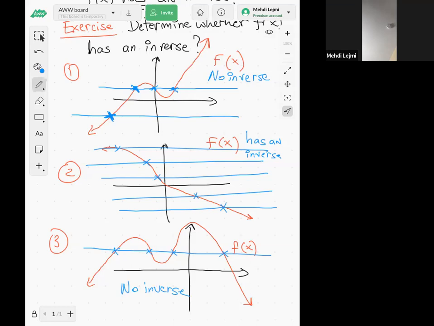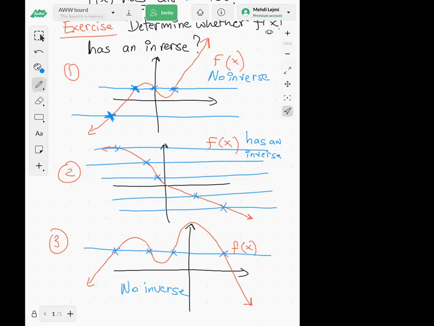It doesn't matter if you have a horizontal line intersecting the graph at exactly 1 point. Then your function f has no inverse. Does this answer your question? Okay, perfect.